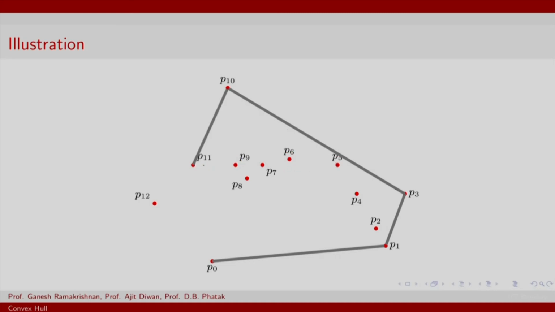Now we look at P11. Should P10 continue remaining on the stack? Well, P11 is oriented clockwise from P3 with respect to P10, because P3 is still the second last element in the stack. So one might want to recall the stack now contains P0, P1, P3 and P10.